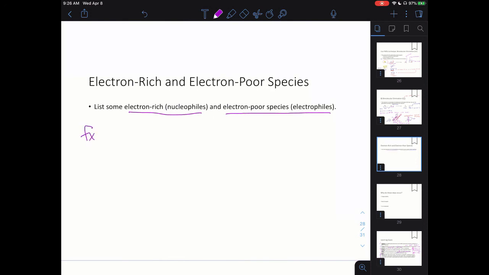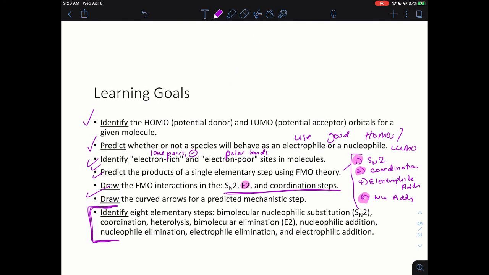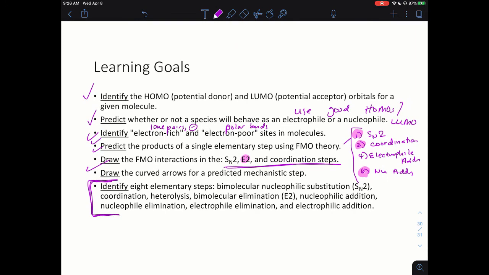I really want you to be thinking about functional groups and patterns that you might observe in these molecules. And finally, I'm going to address this in a different video, but why do these steps occur? You can be thinking about that on your own in the meantime. Okay, this is a lot. It's a lot of new ideas, so you're just going to work through it slowly and practice.